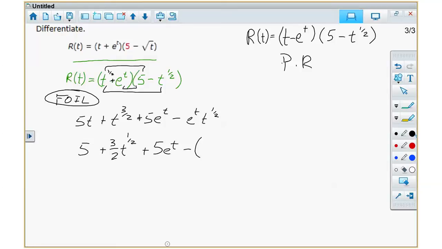Minus, and then we'll put brackets there. First, times the derivative of the second, times the second, times the derivative of the first. And then you might want to put in your notes, product rule.